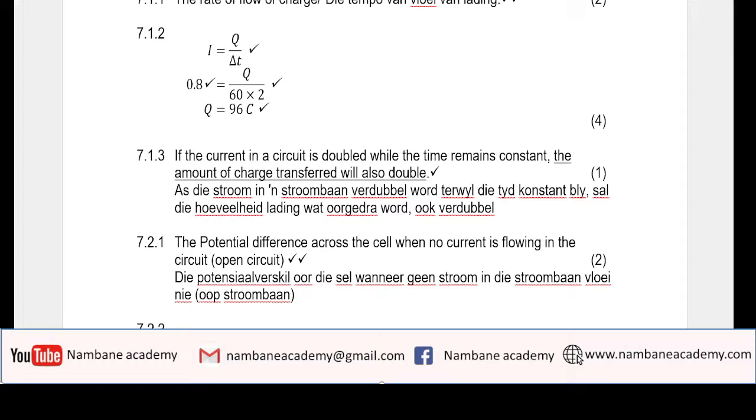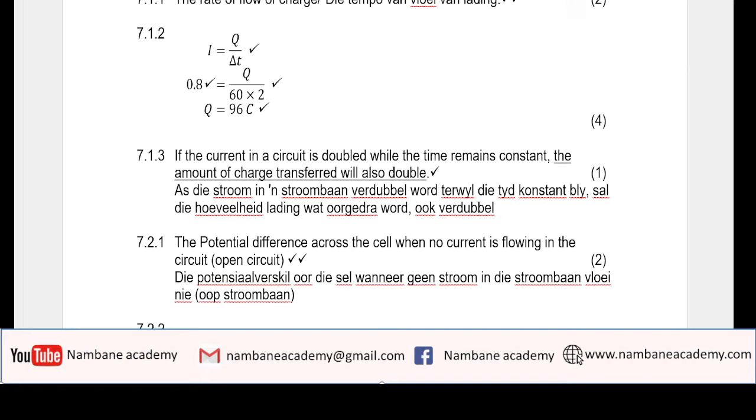Therefore, if you do the substitution correctly, you will come to the answer of 96 coulomb. So 1 mark for the formula, 1 mark for the substitution of current, and 1 mark for the substitution of change in time, which also gives 1 mark for the answer with the unit, 4 marks for that total question.